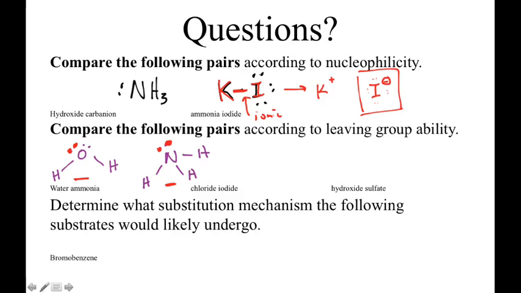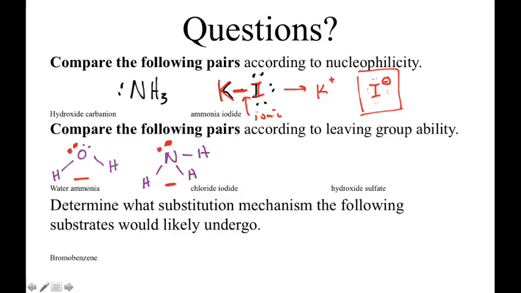Well, what's the difference between an oxygen and a nitrogen? There's no size difference. We could now move to electronegativity. Which one's more electronegative? Oxygen's more electronegative, which means it wants to hold its electrons tighter than nitrogen. Which one ends up being the better leaving group?